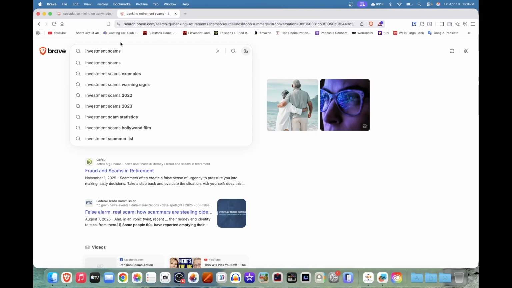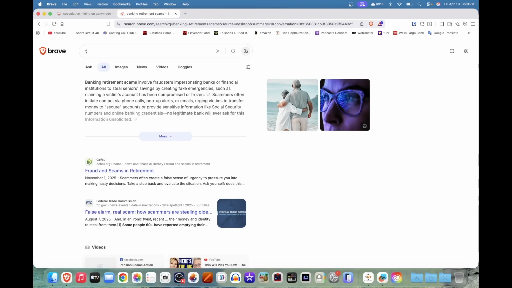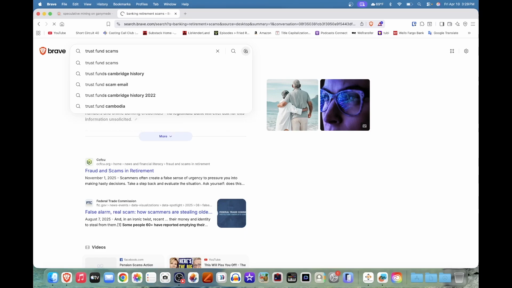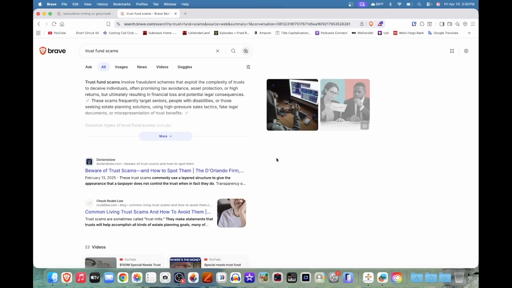Not investment scams, but maybe... what is it called when somebody... How about funding scams? Trust scams? Let's try trust fund scams. Fraudulent schemes that exploit the complexity of trust to deceive individuals, promising tax avoidance, asset protection, or high returns, but resulting in financial loss and potential legal consequences. They target seniors, people with disabilities. That's still not what I'm looking for. I'm looking for somebody to exploit... Trust fund exploitation.